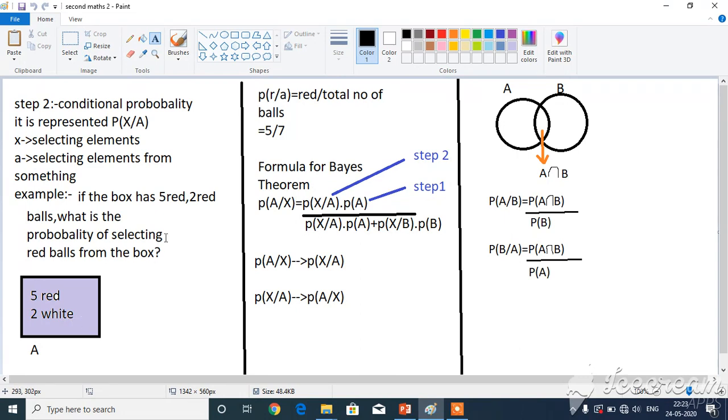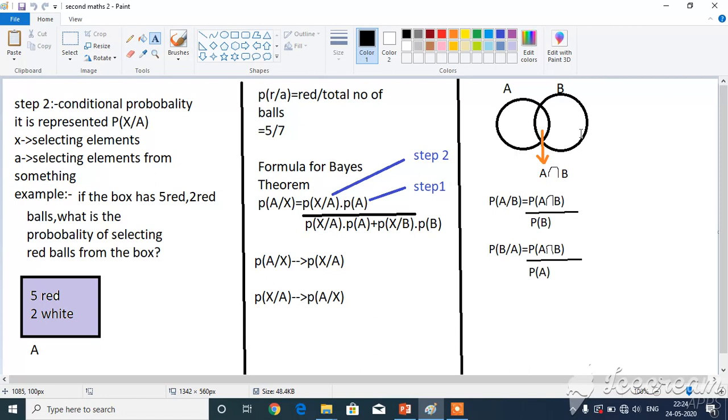When we are dealing with conditional probability, here it is A and B, and it is the intersection, A intersection B. When you are going to do the conditional probability, here A over B, B has already occurred.